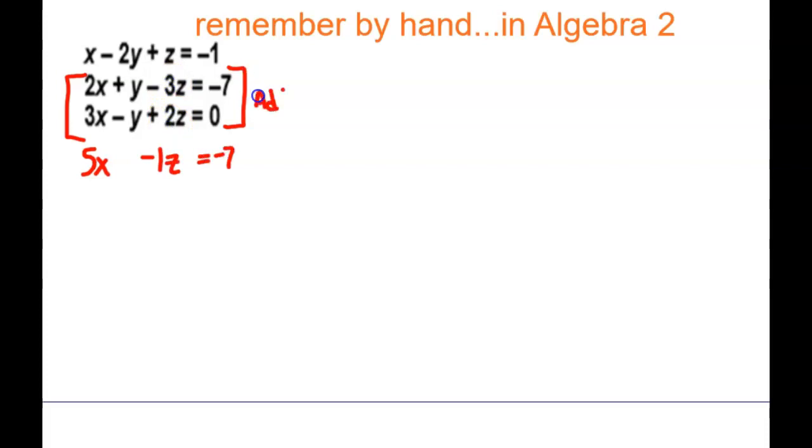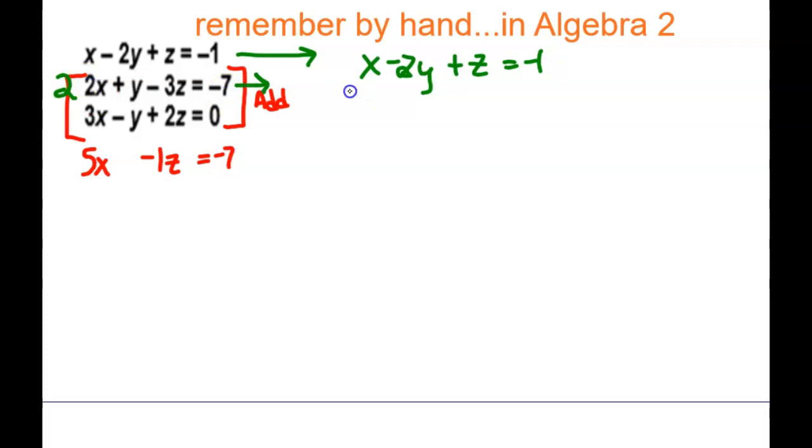I added those two. Okay, then I'm going to move over here and I'm going to take this equation that I haven't used yet. And I need to make, this is a 2, sorry. I need to make the same variable drop out using a different equation. So I'm going to take this second equation and multiply by 2. Is everybody watching?